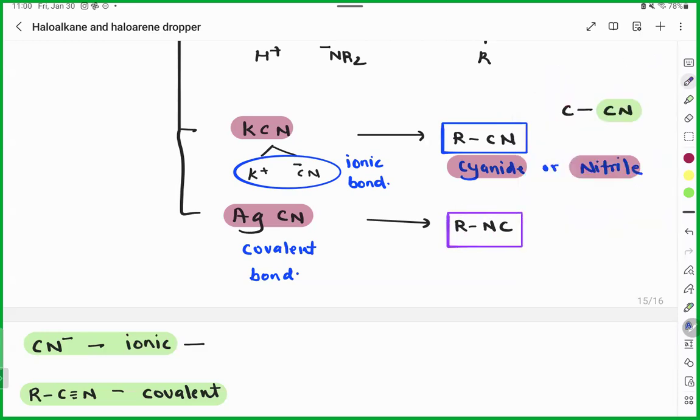AgCN and KCN is extremely important for your exam, for your conversion, for everything. Whatever reaction written here, everything is important. And if you understood this, almost same thing will happen in case of nitrite and nitro. So this is isocyanide or isonitrile.